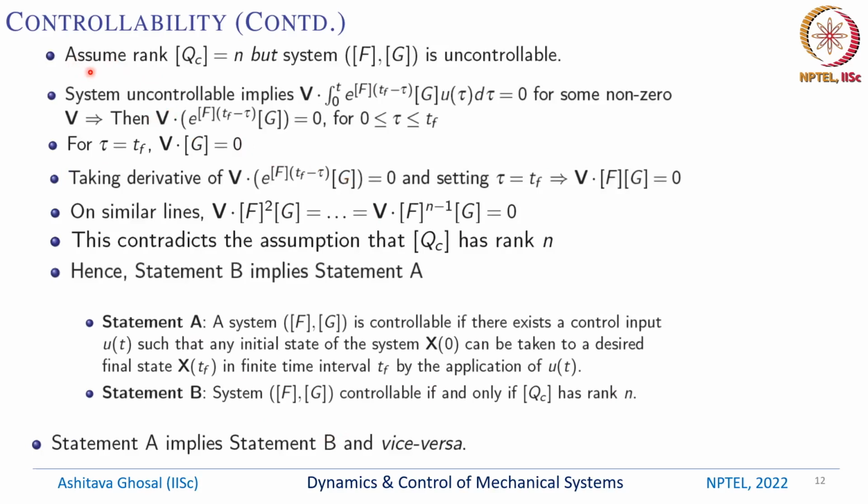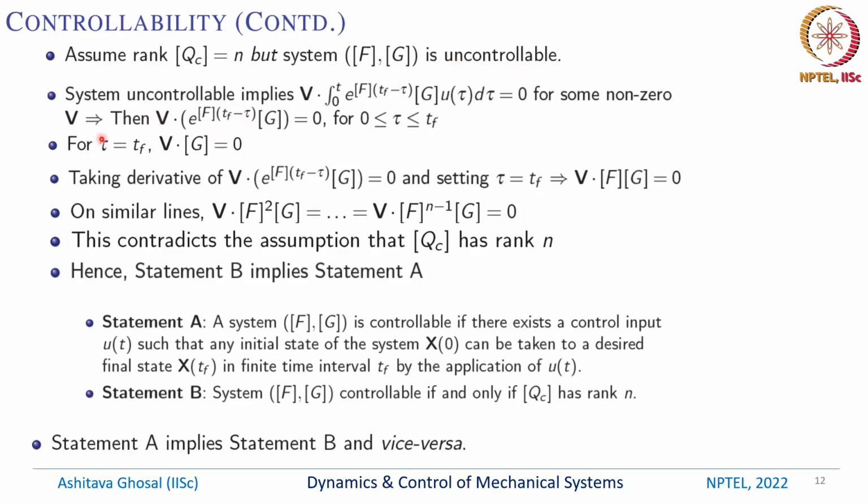So basically what do we have? We assume that the rank of QC is n, but the system F and G is not controllable. We start with this assumption and we will show that this is false, that there is a contradiction, similar to last time.